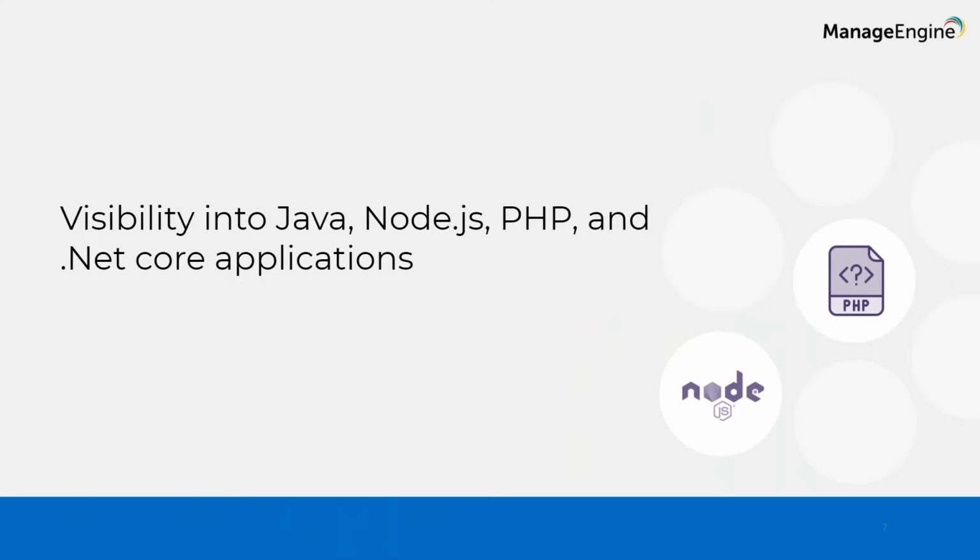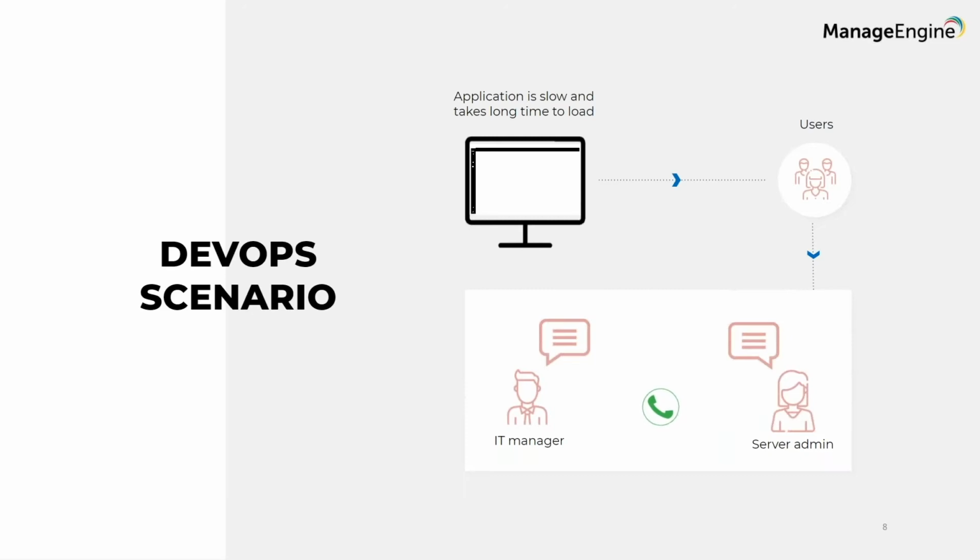Visibility into Java, Node.js, PHP, and .NET Core applications. Let's take a common DevOps scenario. What the DevOps team does is develop the application and perform the operations part. That is, after developing the application, they take care of the maintenance and post support activities for it.